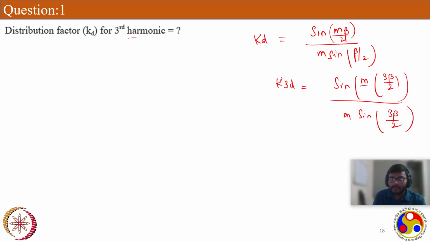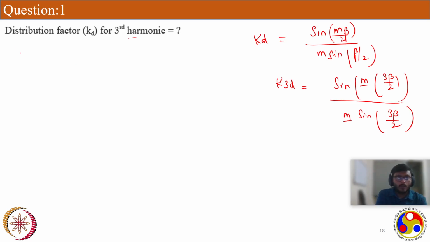Now m is nothing but the number of coils that are distributed. So to find this m, we need to find number of slots per phase we are placing. That is again the same number which we have calculated. So we want to find that number, and we need to see here it is third harmonic.